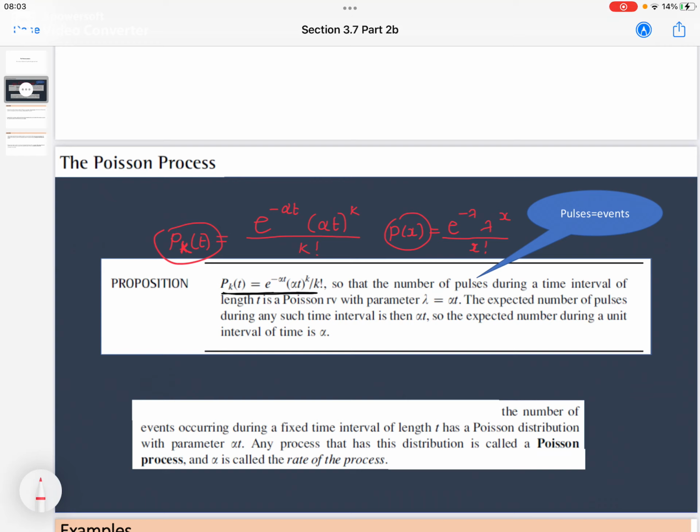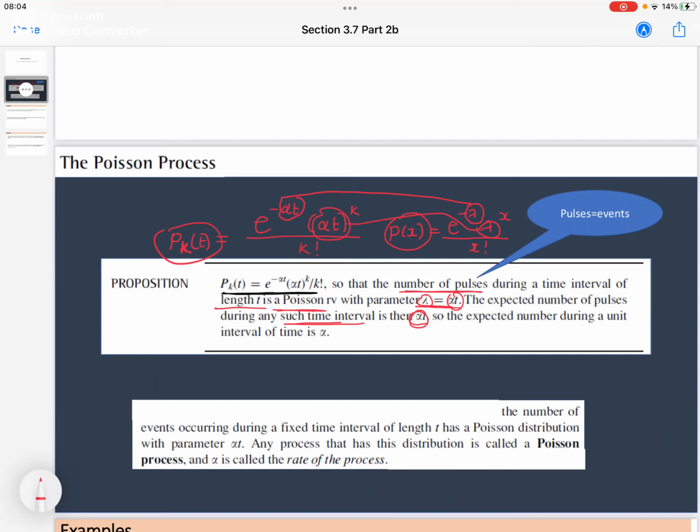Alright, so it says here that suppose that you have that function, so that the number of pulses or events or successes during a time interval of length t is a Poisson random variable with parameter lambda equal to alpha t. So our lambda is equal to alpha t. Then the expected number of events during any such time interval is alpha t.